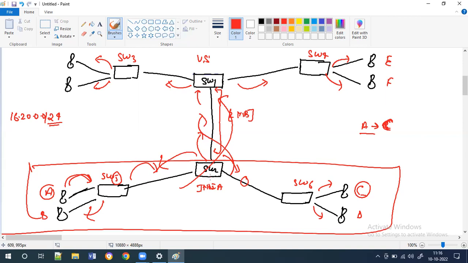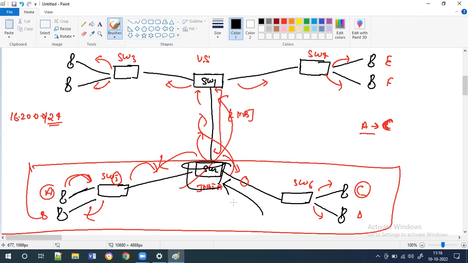That means if a router is here and any broadcast comes on an interface, it will not get forwarded to the other interface, because on a router every interface is a member of a separate collision domain and separate broadcast domain. If broadcast comes on this interface, it will not go to the other interface. It will stay on the router itself, on that interface only.